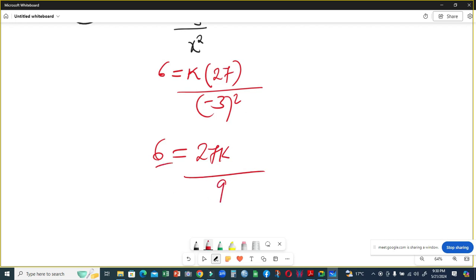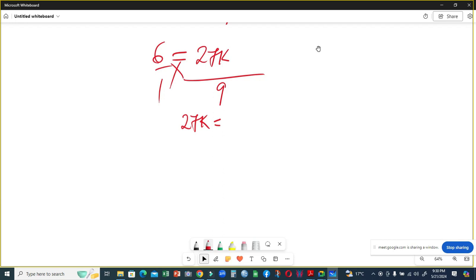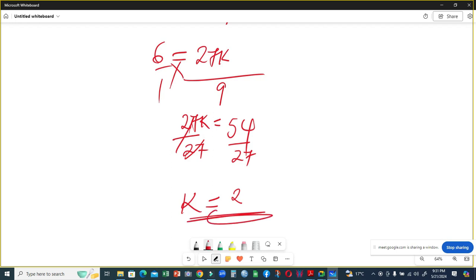Then we just need to cross multiply. 1 times 27k is 27k, is equal to 9 times 6, which is 54. Then we divide by 27 on both sides. So k is equal to 2, which is the value of k. So that's how we calculate the value of the constant.